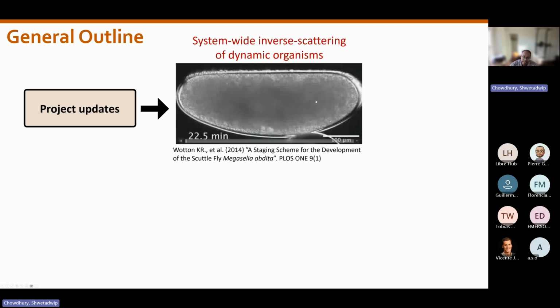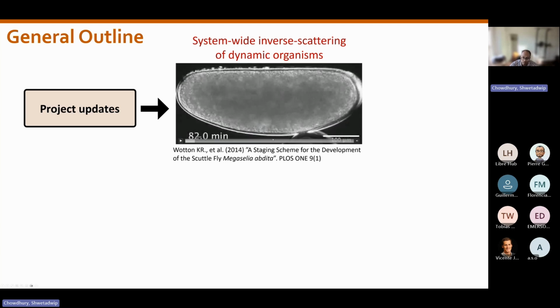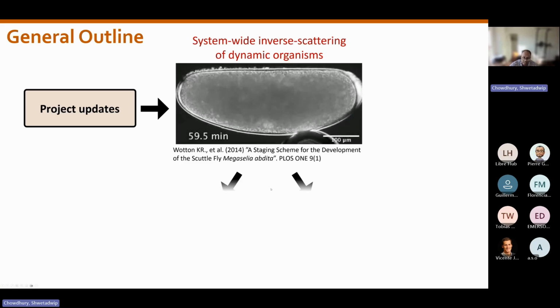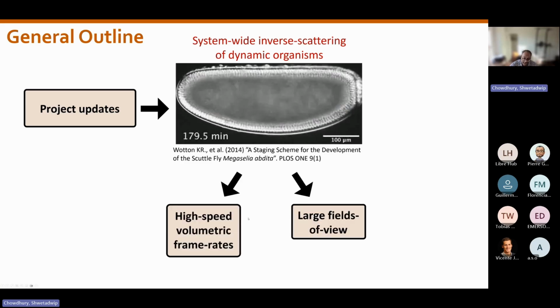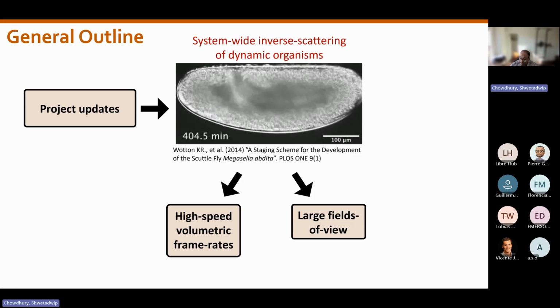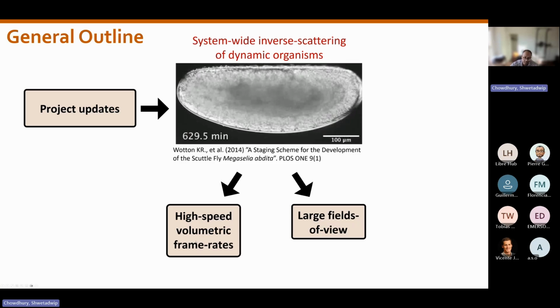There are many challenges that have to be addressed when trying to see something like this. But the way we look at it, there are two major challenges. How can we get high-speed volumetric frame rates? Because everything that I've shown you right now is with the sample being static. So how can we achieve high-speed volumetric frame rates of our reconstruction?